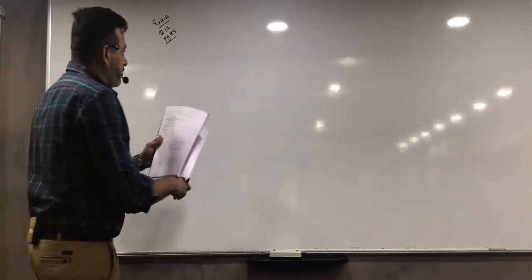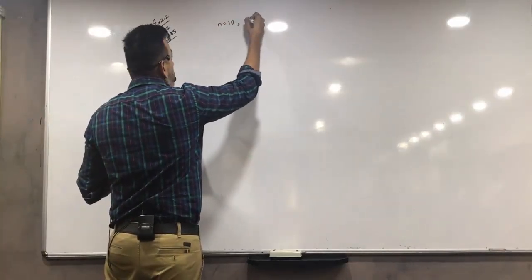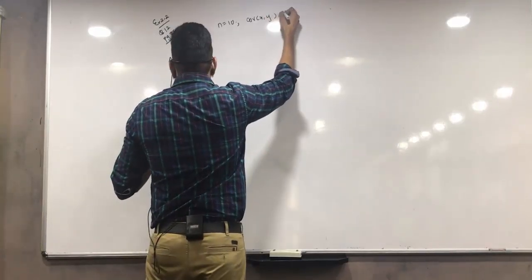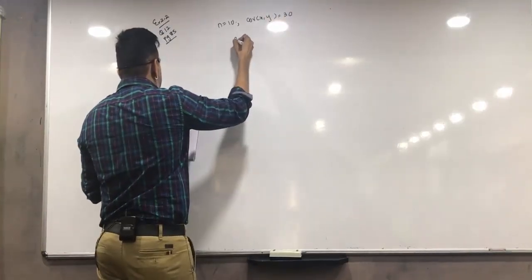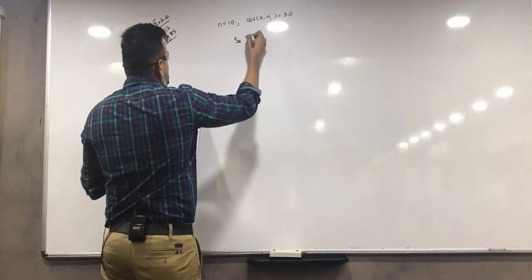Let's first write what is given. N is equal to 10, covariance x comma y is equal to 30. Standard deviation of x is equal to 5.